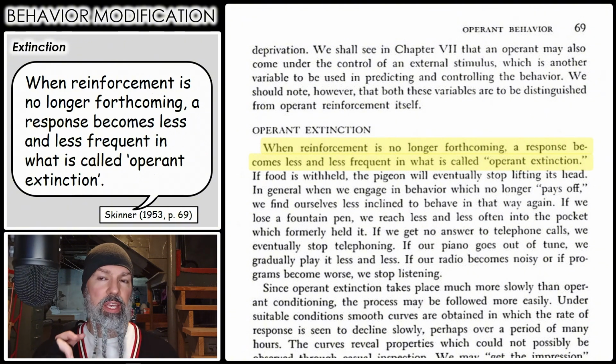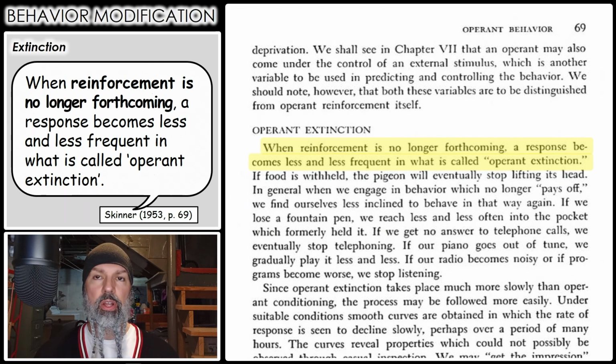So this has all the key components to keep in mind when we're talking about extinction. So first of all, we have when reinforcement is no longer forthcoming. So extinction only happens on a behavior that was previously reinforced. Any behavior that was not previously reinforced cannot technically go through extinction because it is when previously reinforced behavior no longer receives reinforcement.